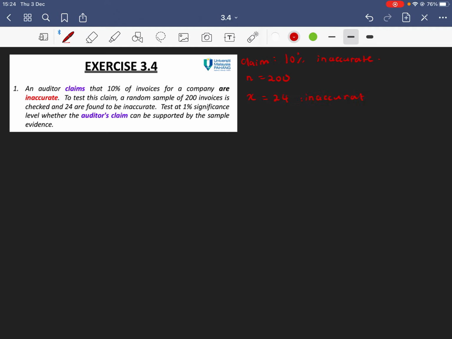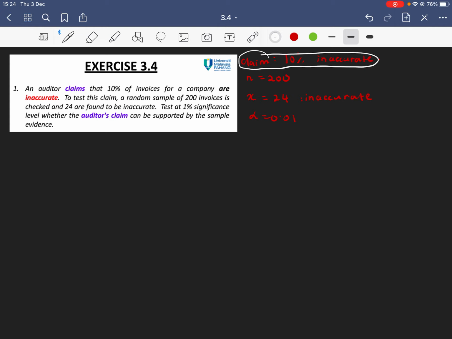Test at alpha 0.01 whether the auditor's claim can be supported by the sample evidence. So you have to test this claim. This is the claim: 10% are inaccurate.